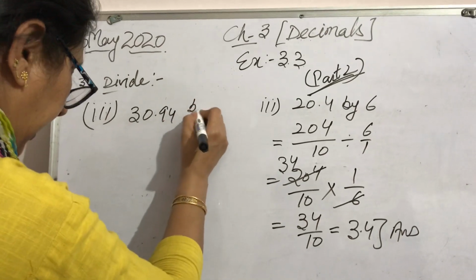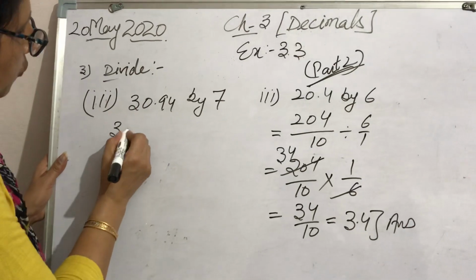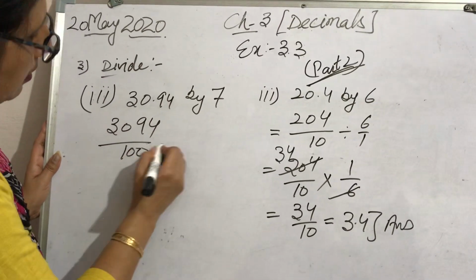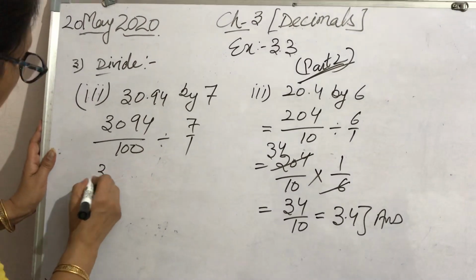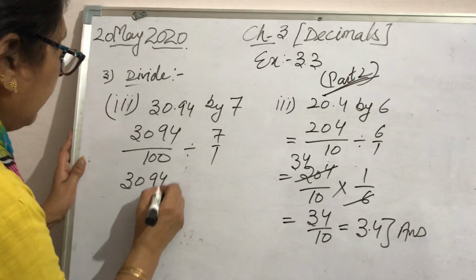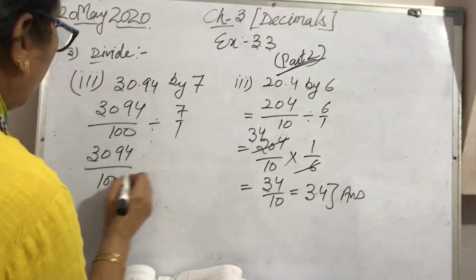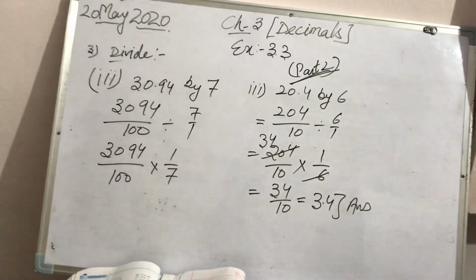30.94 by 7. So first of all, remove the decimal, divide by 7 by 1. Now 3094 upon 100 multiply 1 by 7.